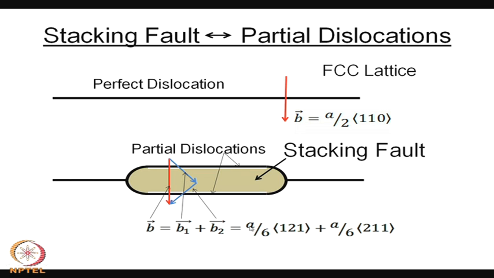Okay. So, because there are two partial dislocations, the intervening space actually has a different stacking than the original ABC stacking. This is what we call the stacking fault, a fault which spreads over a particular area.